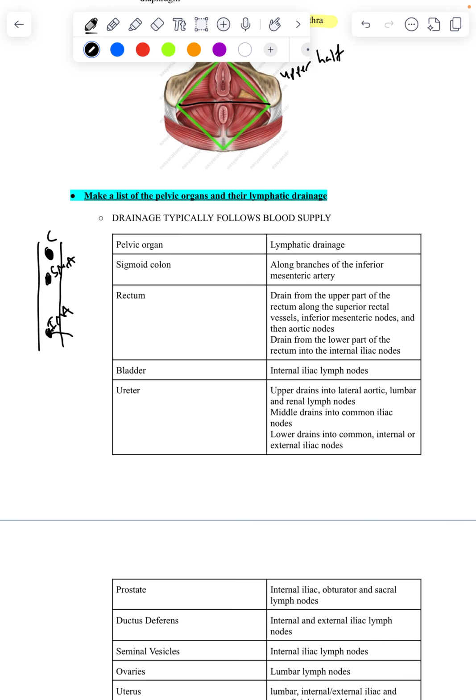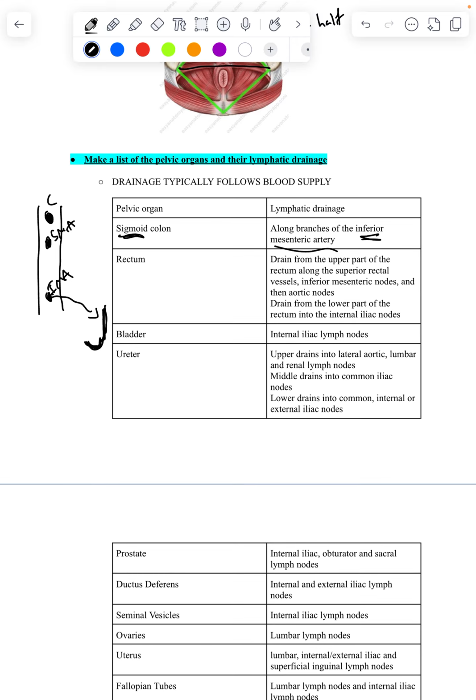Inferior mesenteric artery will have branches for your descending colon and your sigmoid colon. So it supplies your sigmoid colon. So if your sigmoid colon is going to drain somewhere, it's going to be along the branches of the IMA, or inferior mesenteric artery.